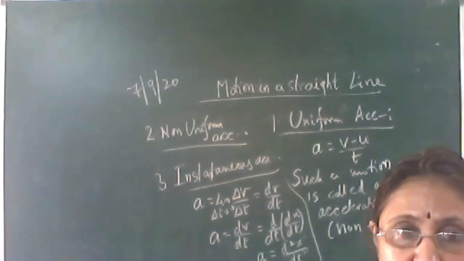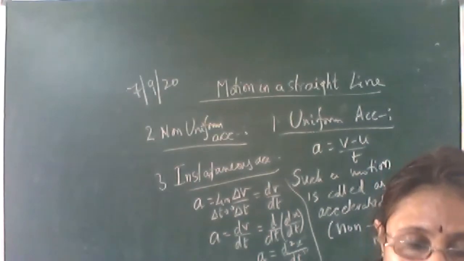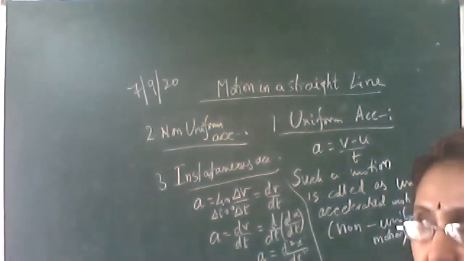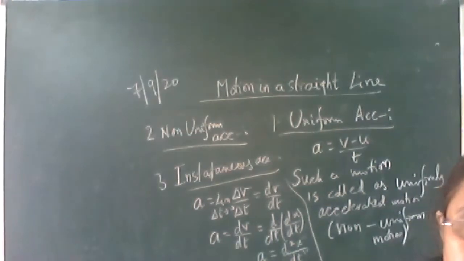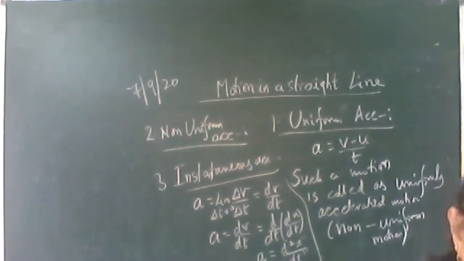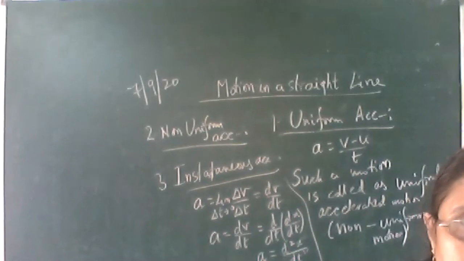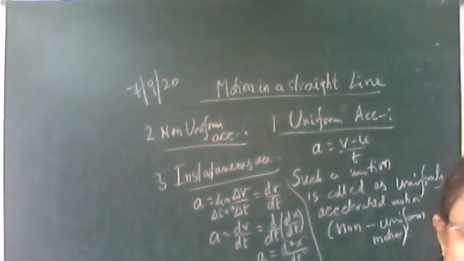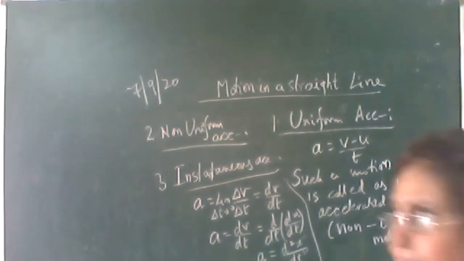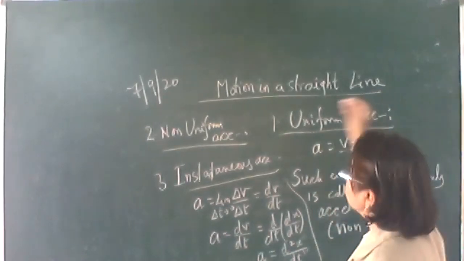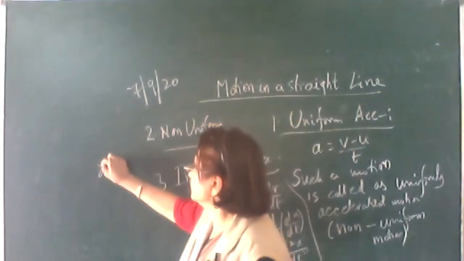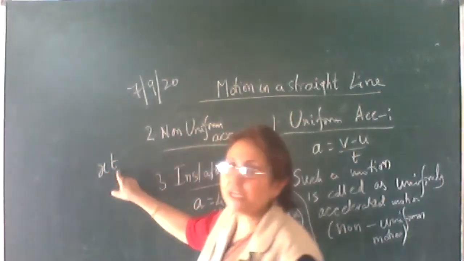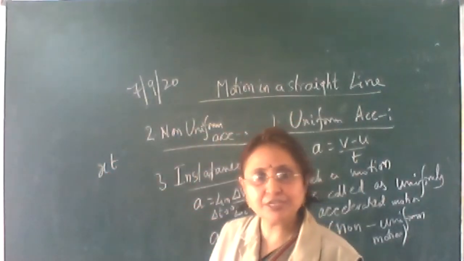In the graphical representation, we'll discuss three types of graphs. The first one is the displacement time graph, or the xt, position time graph. Here we'll discuss the change in position with time, a graph plotted between position and time.